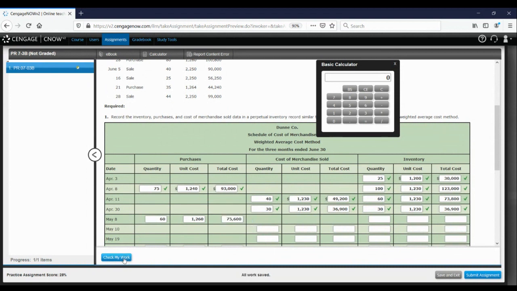And again, every time you make a purchase, you've got to create a new weighted average. And so listen carefully. There are going to be two calculations that we need to keep up with. First of all, our ending inventory on April the 30th was 36,900.